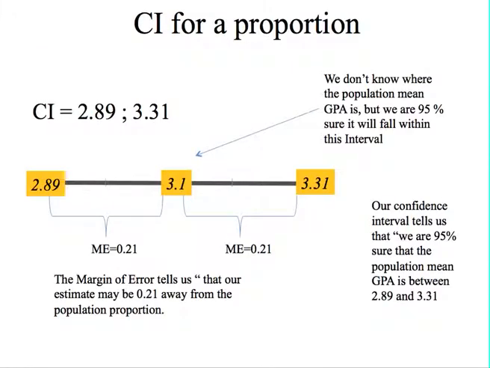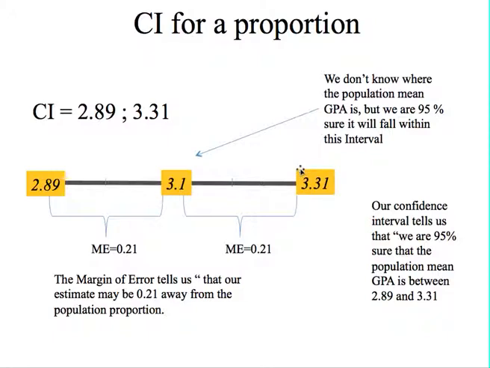Okay, how do we know that? Well, this is our sample estimate, the 3.1, and then we're adding the margin of error here, right? Now, we don't know where the population mean is. We never will, right? But we're 95% sure, right? And this is because of the central limit theorem.